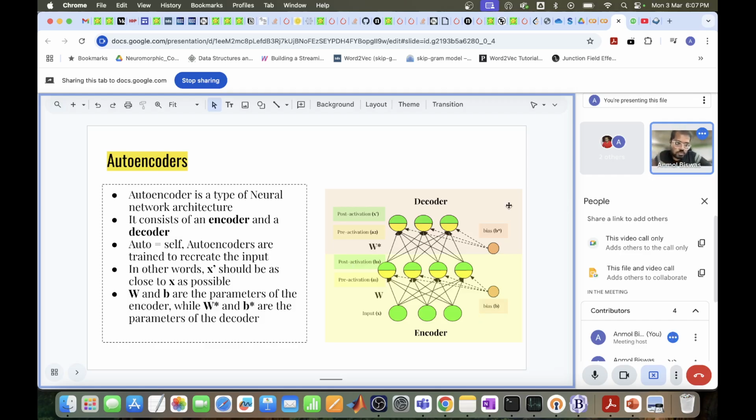Initially, the idea was to encode and decode static data, right? An image is a perfect example of static data that you can encode into, let's say, a smaller size, and then you decode it back into its larger full size again, right? And then there were multiple evolutions of this idea.